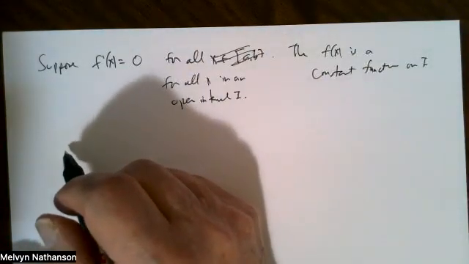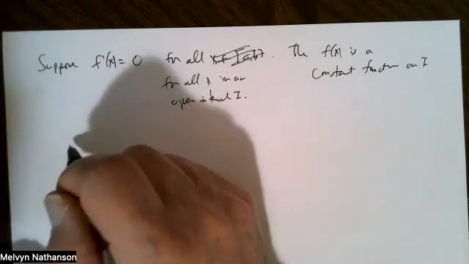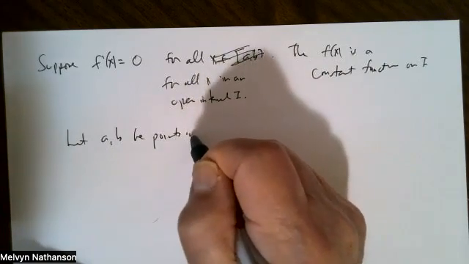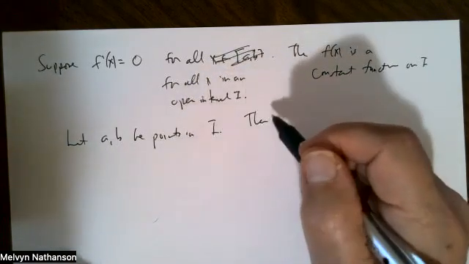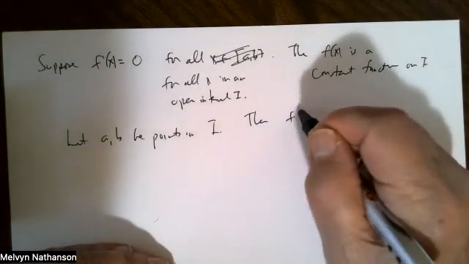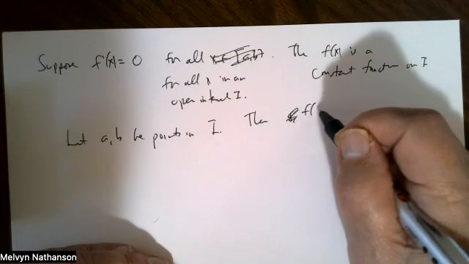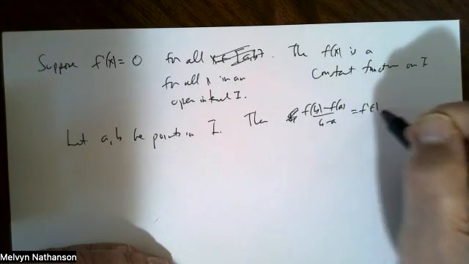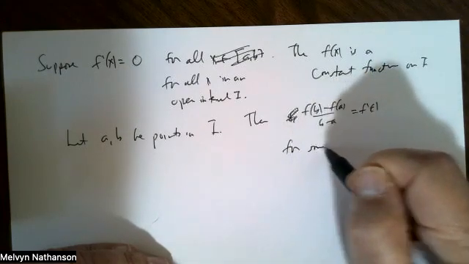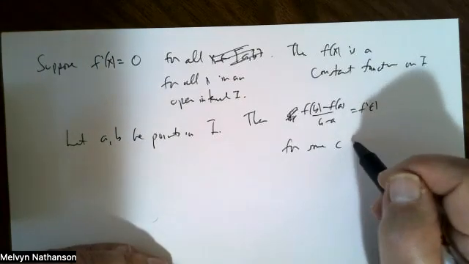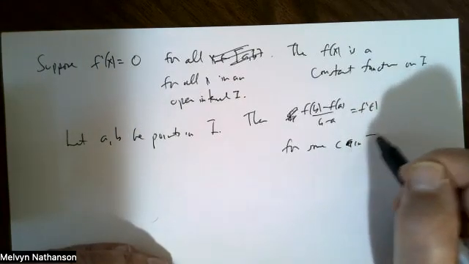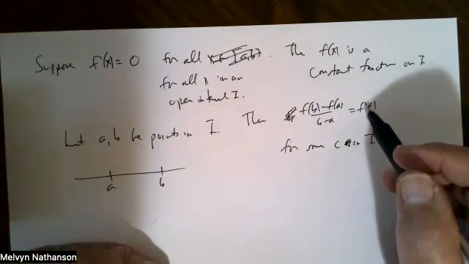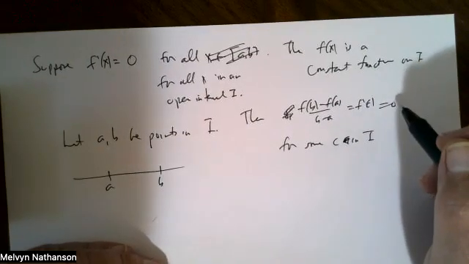Why is that? Let a and b be points in I, then we can solve the equation f of b minus f of a over b minus a equals f prime of c for some c in the interval. Let's say we have a less than b, but the derivative is always equal to 0.